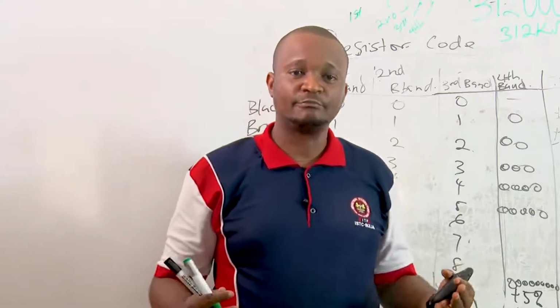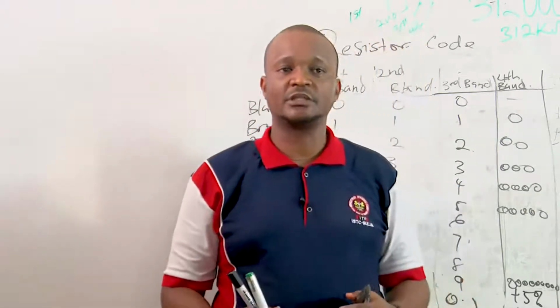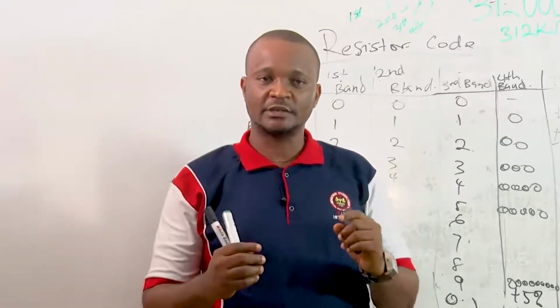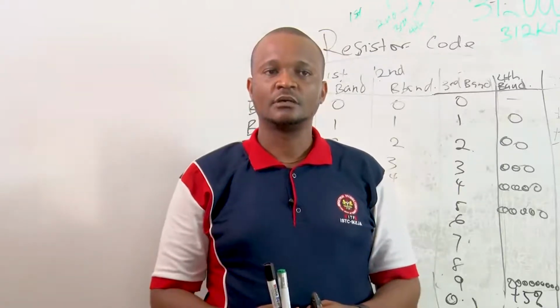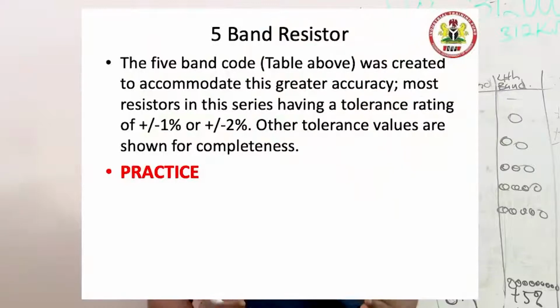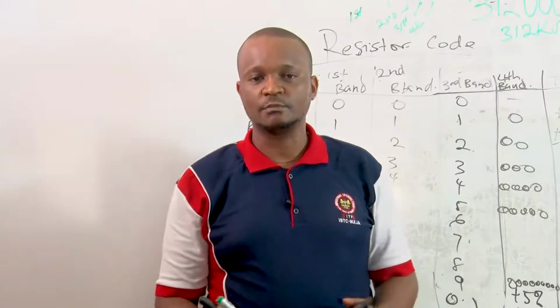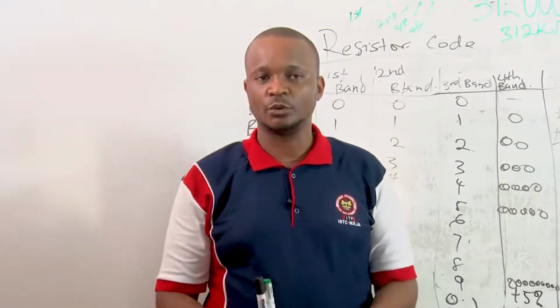The 5-band was actually created to accommodate a greater accuracy, okay? So most resistors in this series have a tolerance rating of plus or minus 2%. Now, other tolerance values are also shown for completeness, okay? We also have the 6-band, but we're not going to cover it in this module.